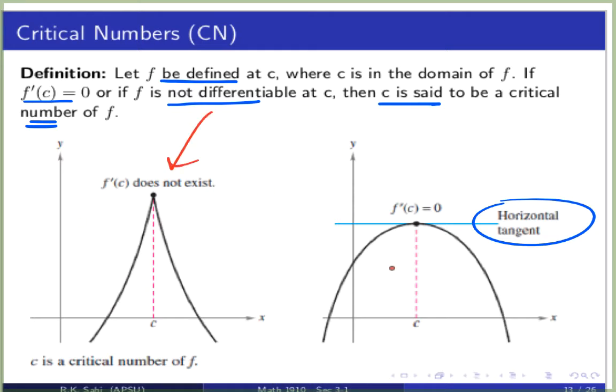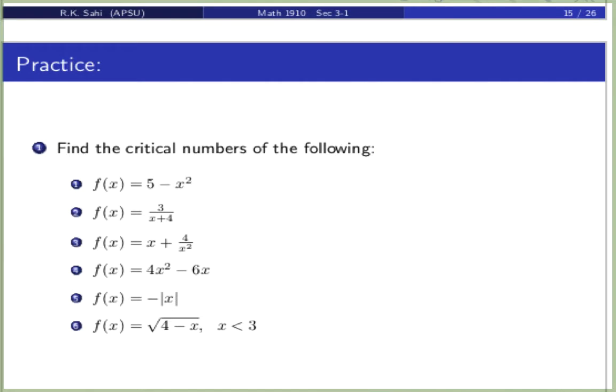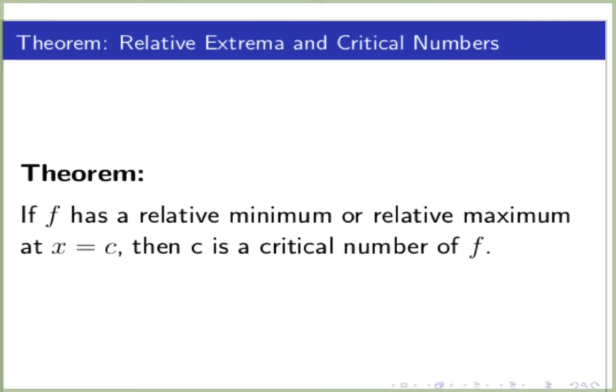In either scenario, c is called a critical number of f. Remember, we did some practice problems of finding these critical numbers, and I hope you have practiced some of them. Today, we are going to combine these critical numbers with relative extrema in this theorem.